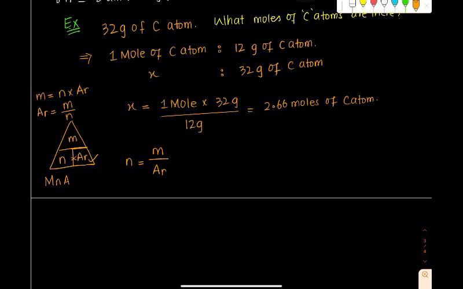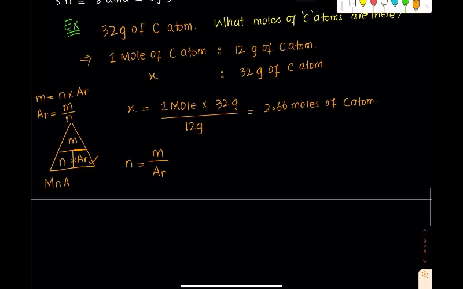So number of moles is equal to mass over AR. So mass is this, the given mass. So mass is 32 grams, and AR, this is coming from here, which is the gram atomic mass of carbon.